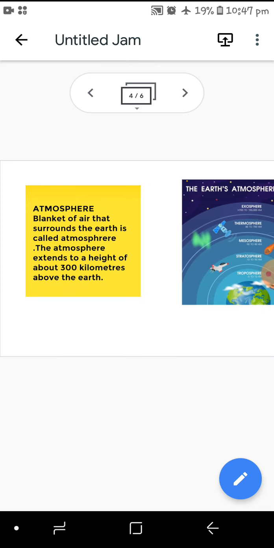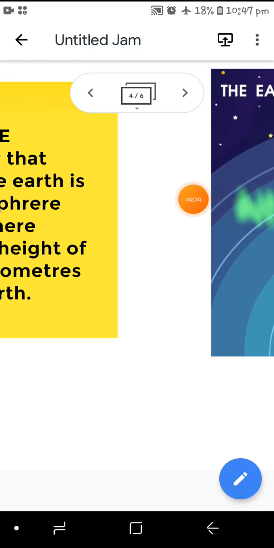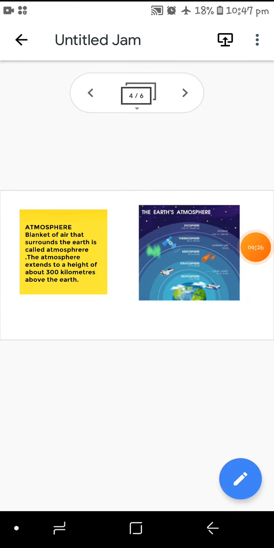The various layers are stratosphere, troposphere, mesosphere, exosphere. The atmosphere extends to a height of 300 kilometers above the Earth's surface. As we go higher in the atmosphere, the amount of air decreases.